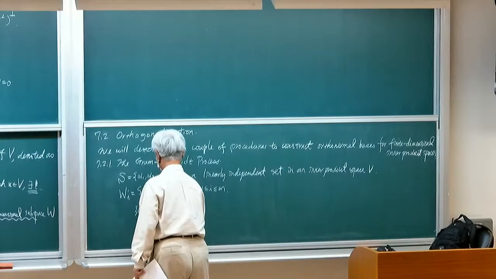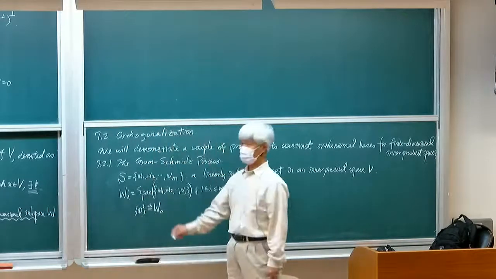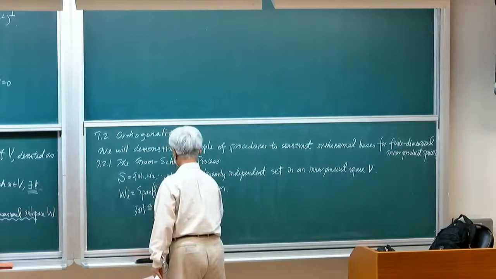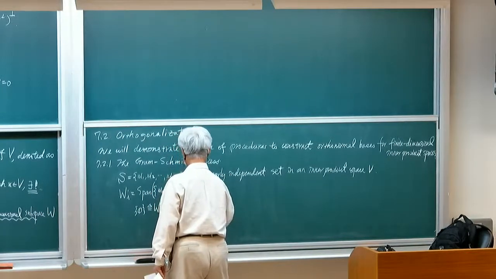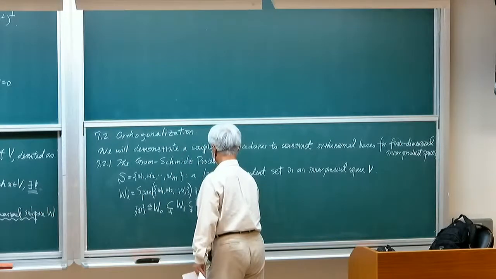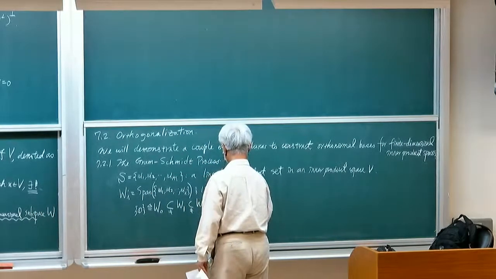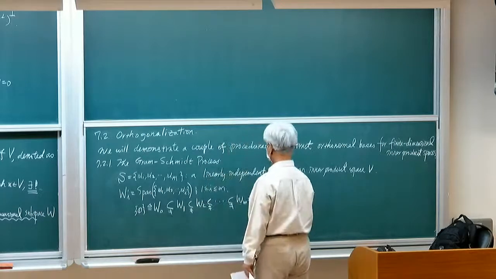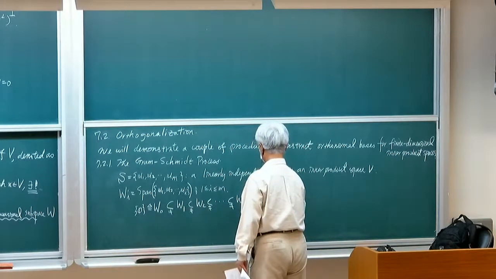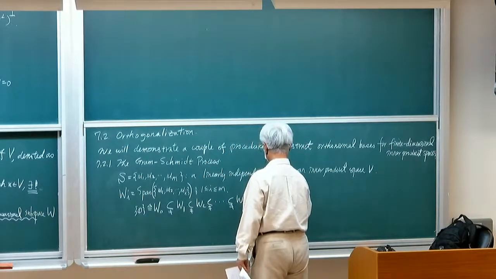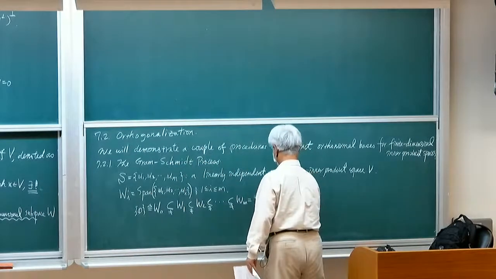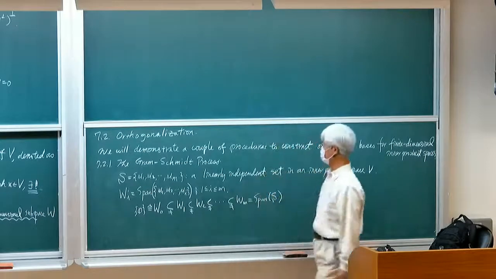So we have a chain of subspaces. We define W0 to be trivial, and so it is contained in W1, W2, up to Wm, and this one is the span of S. Okay.